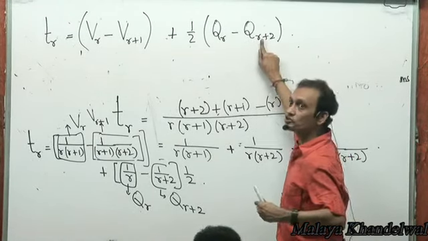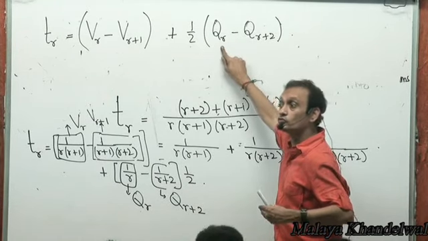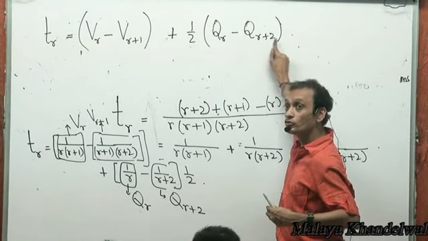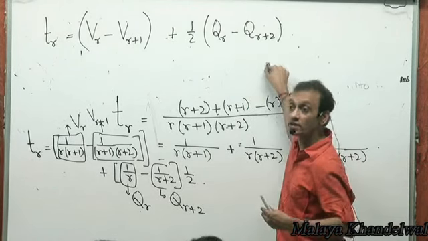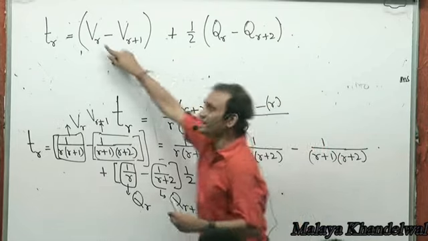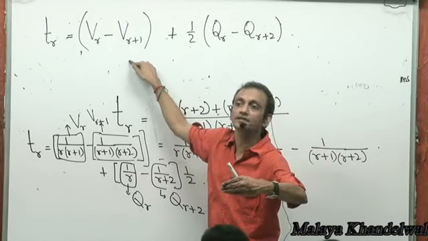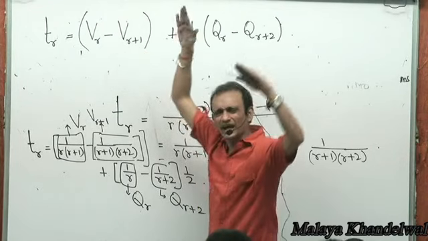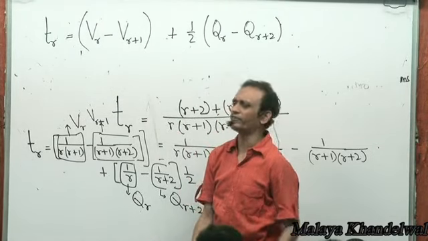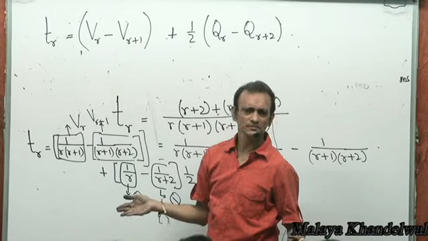That means Q1 minus Q3, Q2 minus Q4, Q3 minus Q5, Q4 minus Q6, and so on. In this case, they would get cancelled like it did in a conventional telescope, right? You know how to deal with this. So plug in r equal to 1, 2, 3, n and figure out what happens. Right?